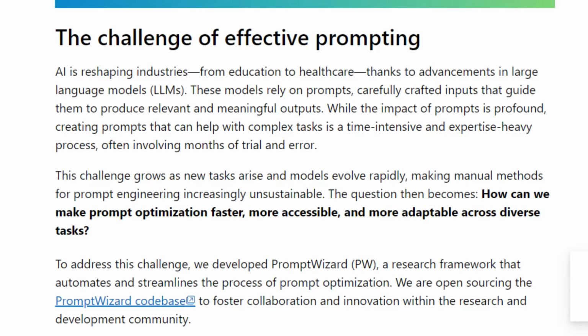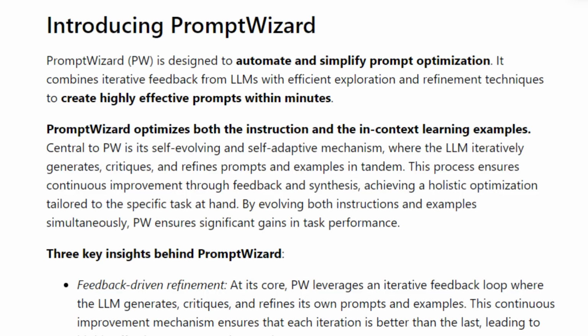So Microsoft clearly knows that this is a big problem at the moment with what they're working on. They really want to have an optimized way of doing this that's not just human trial and error, etc. And this is where they're introducing PromptWizard. So this framework is designed to automate and simplify prompt optimization. The idea here is that it can use a model to get feedback from LLMs.